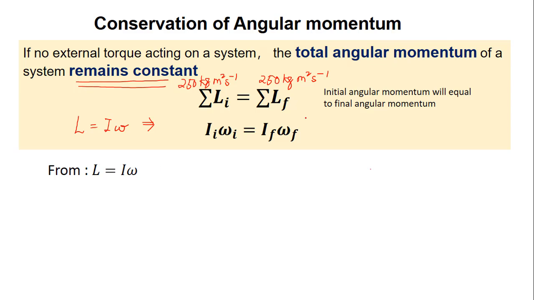From L equal to I omega, if we rearrange the equation, we have angular velocity omega equal to L over I.